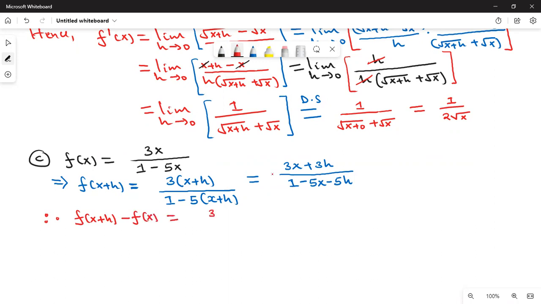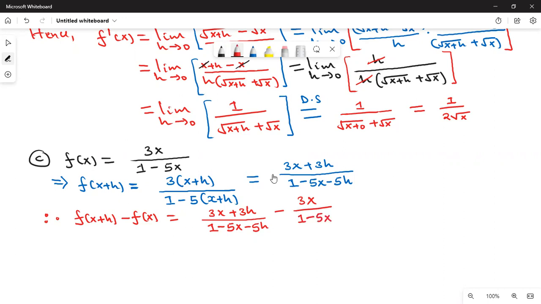It will give us 3x plus 3h divided by 1 minus 5x minus 5h. And then from this you're subtracting 3x divided by 1 minus 5x.